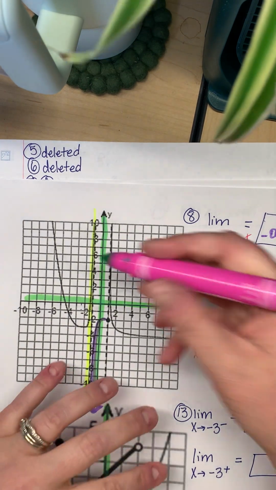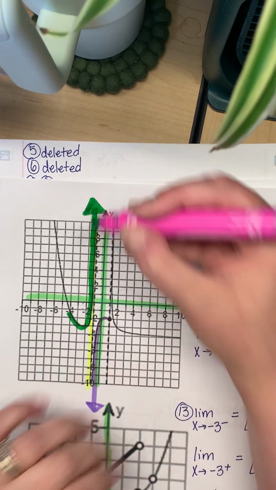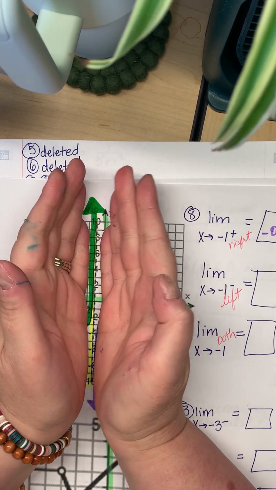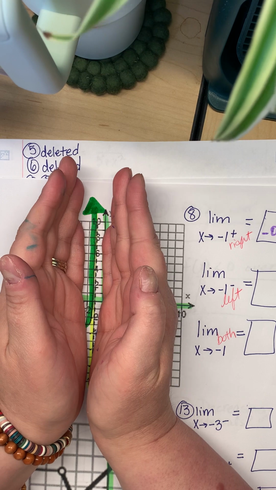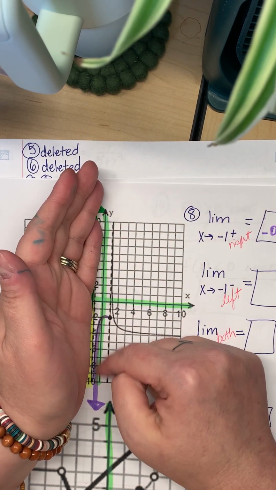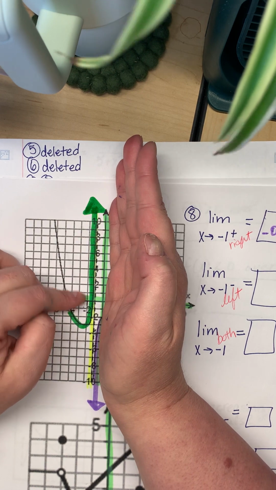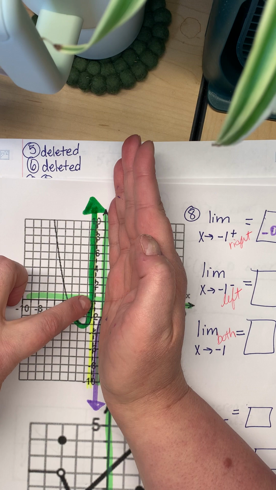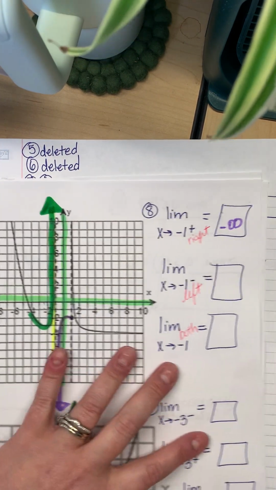Here's this -1 where x is -1, and directly to the left of it is this green. Directly to the right is this purple. So directly to the left is this green, and as we come closer and closer to that x value of -1, the y value goes zoom all the way up into the air to infinity.